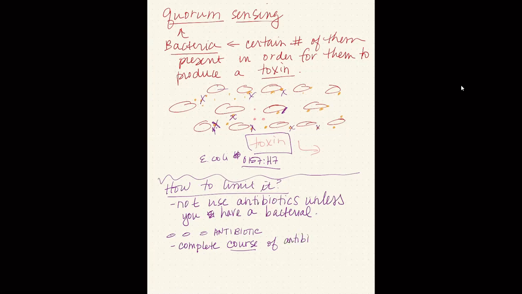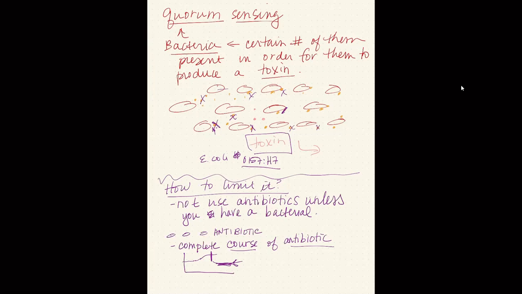If you don't finish it, what can happen is you kill off the bacteria, right? So if these are the bacteria and you stop taking it after 5 days, you've killed off some of them, but you haven't killed off all of them. So then the ones that are left will have seen the antibiotic, and they might be the ones that are resistant to it. So you have to take it for the whole dose, and everybody stops after 7 days.